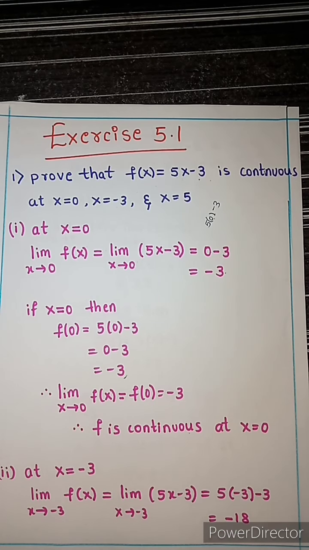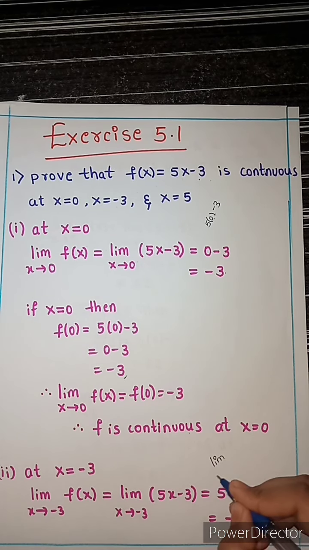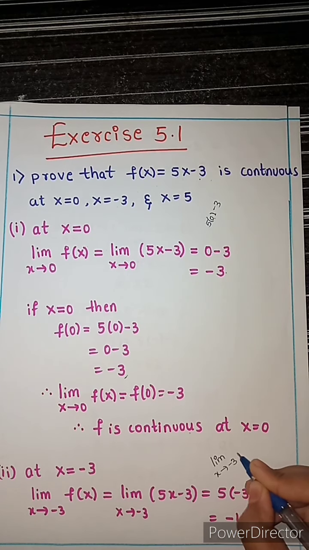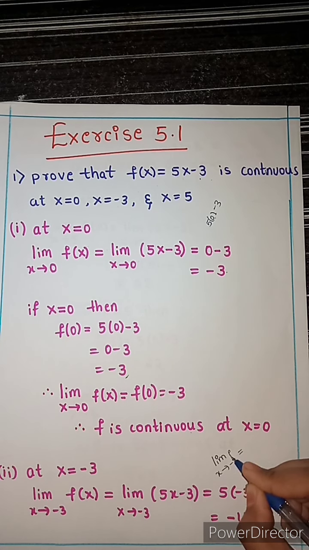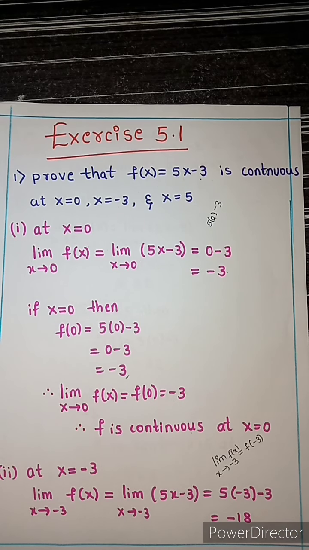Now let's check the continuity at x equal to minus 3. Even here same, if limit x tends to minus 3 is equal to f of minus 3, then f is continuous at minus 3. First let's take the limits.